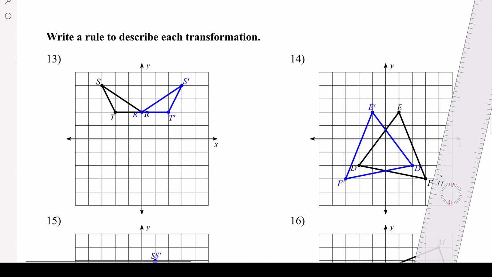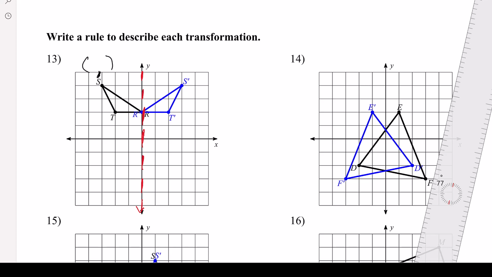So if you can look at this, it looks like that's a reflection over the y-axis. And if you don't remember what we did, here's a tip. It doesn't usually work very well when it's sitting on an axis, so either the x or y is 0, but let's take a positive original s.